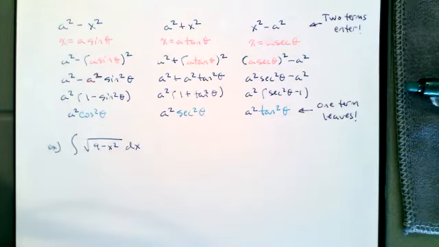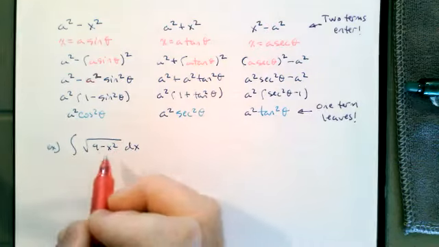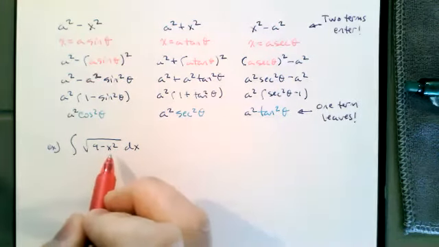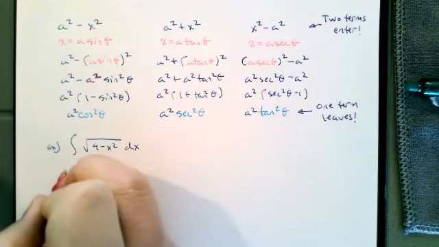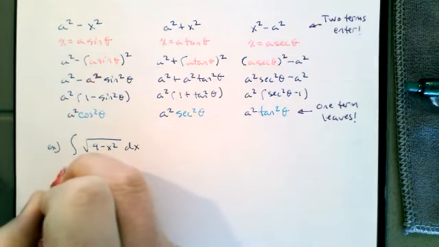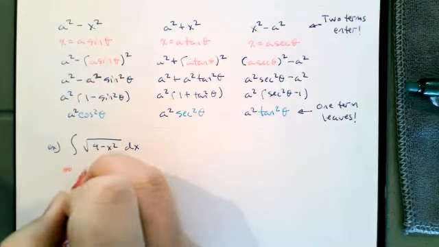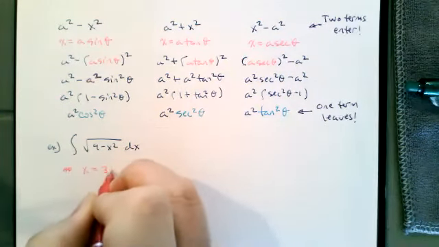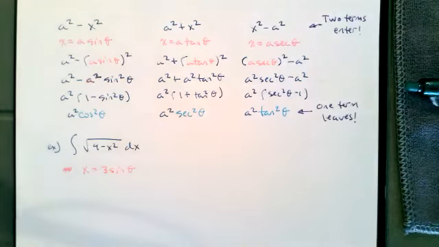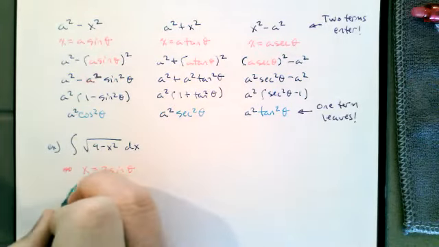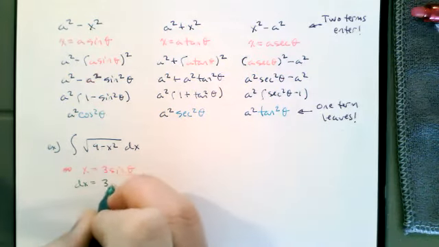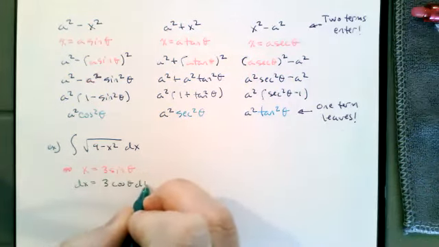So the square root of 9 minus x squared, the form is a squared minus x squared, and so that makes us think of sine. That 9 minus x squared is going to become a 9 cosine squared. So we're going to make our substitution. Sorry, not W. We're doing trig sub. x equals 3 sine theta. We're in an integral now, so dx is going to be 3 cosine theta d theta.